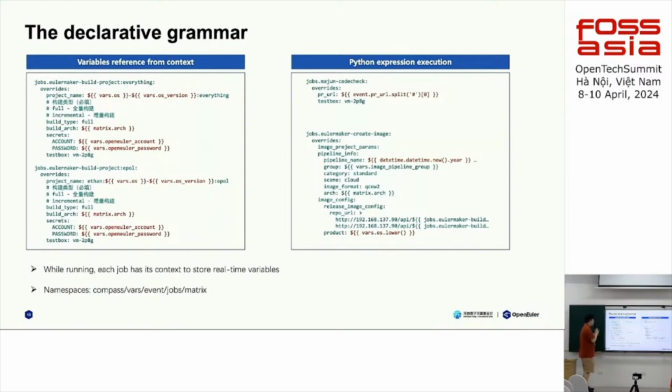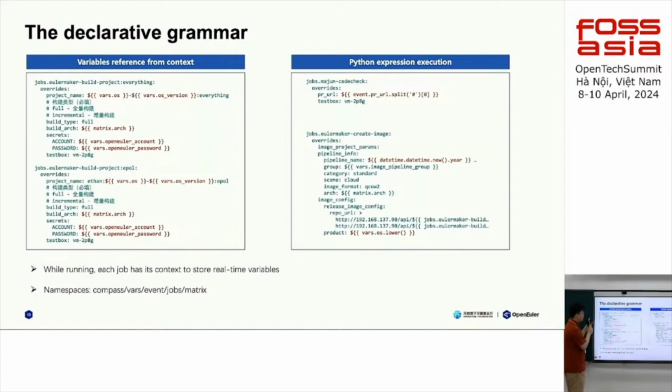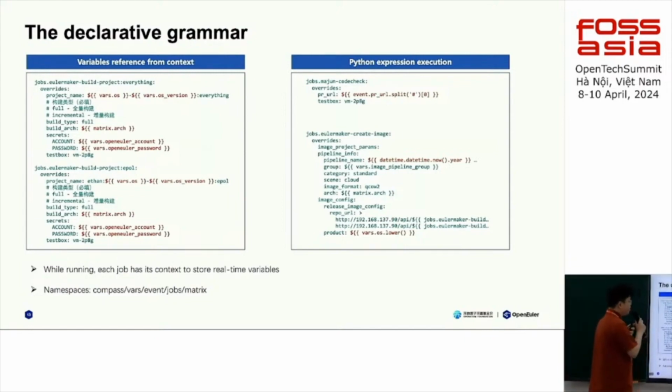You could reference a value from the running context, like vars.os means that before this job is submitted, it will reference the OS value from its context in the vars namespace, or you could use this grammar to announce a Python expression to do some string handling, or just make any numeric computation you need.